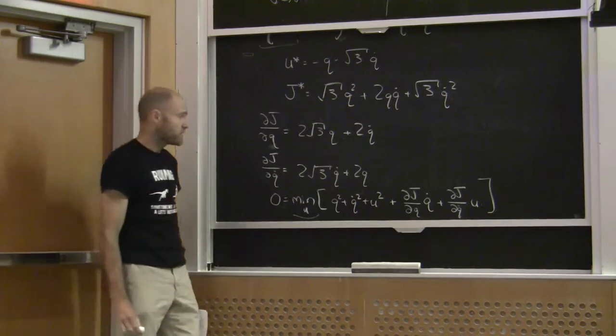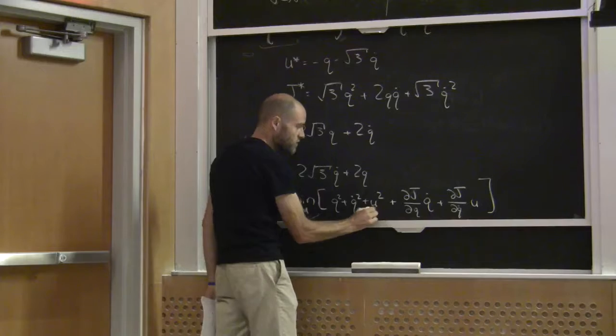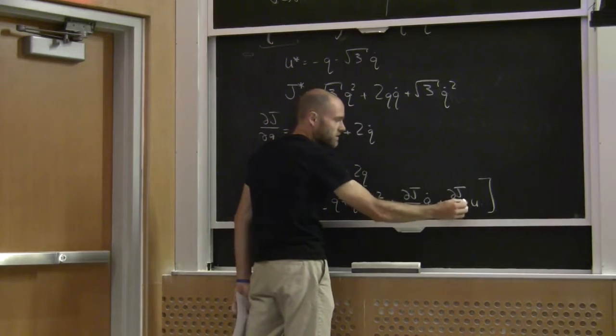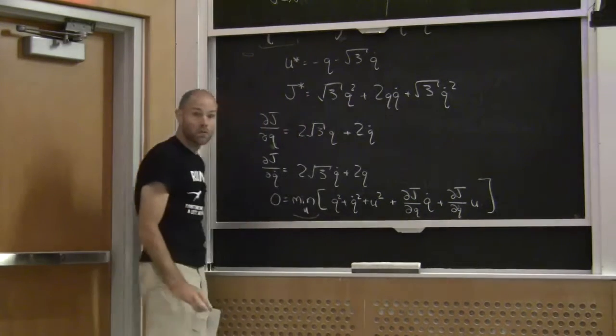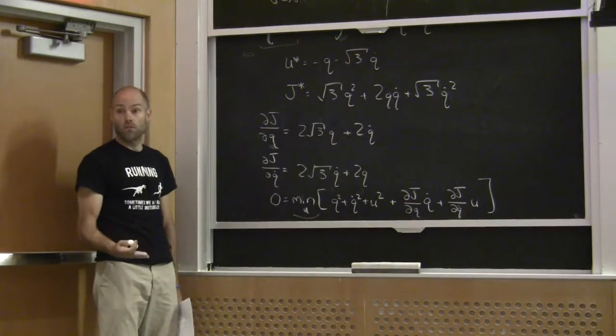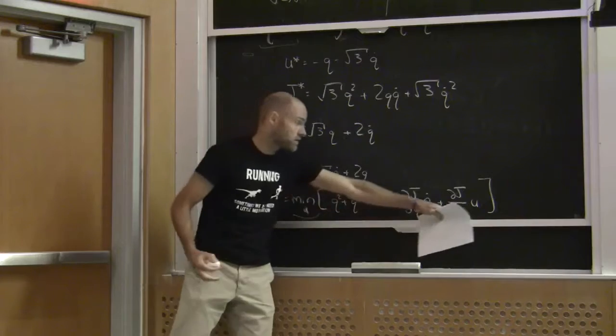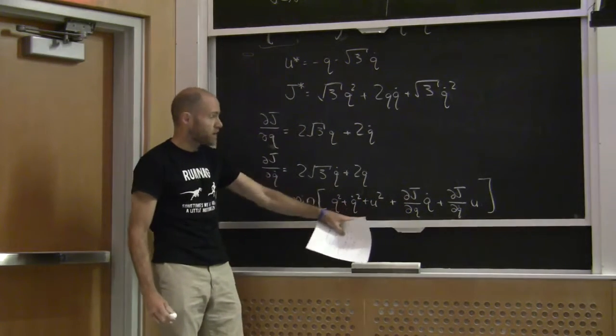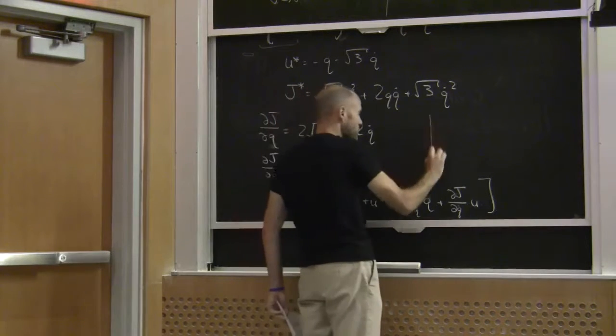That was what's key. In particular, it's u squared plus something that doesn't depend on u times u. So it's a quadratic form in u. Because it's just u squared, it can only look like a parabola.